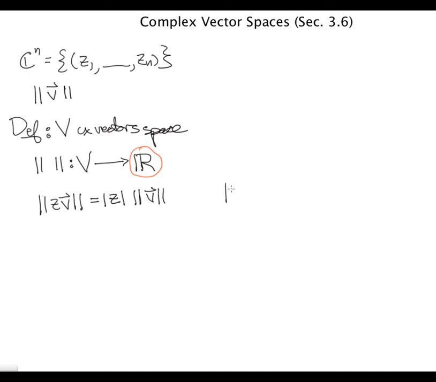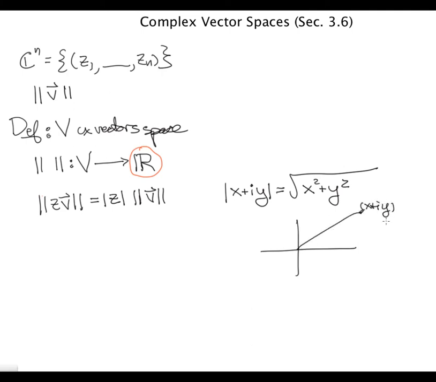And remember that the absolute value of a complex number is the square root of x squared plus y squared, which is just the length in the plane with the usual distance. So that's the homogeneity condition, and then positivity, and the triangle inequality. And that's the definition of a norm.